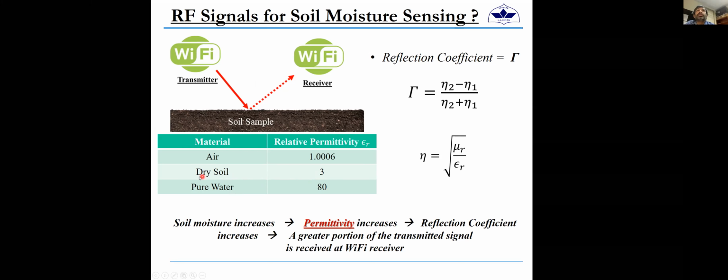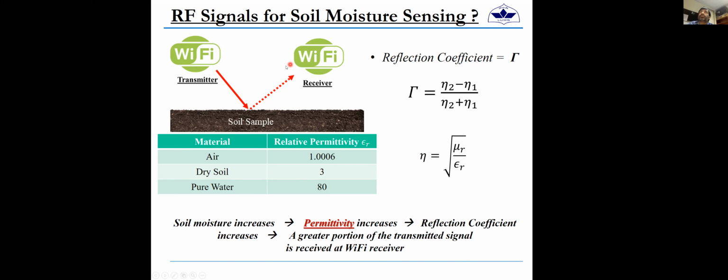As you increase the water content of the dry soil sample, the permittivity is going to increase. If permittivity increases, you can see from these two relationships that the reflection coefficient increases. This gamma is called the reflection coefficient. If this increases, a greater portion of the incident waveform is reflected backward towards the receiver and a smaller portion is absorbed and transmitted across the sample.